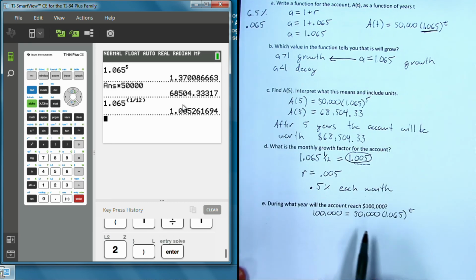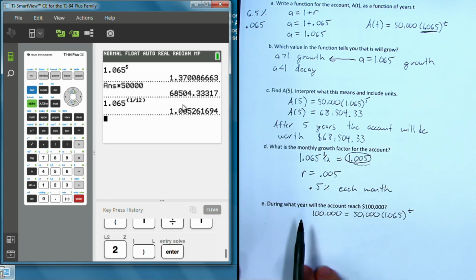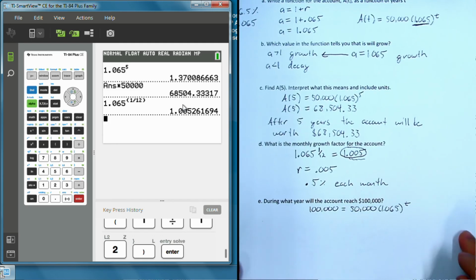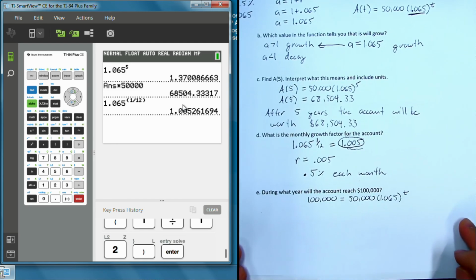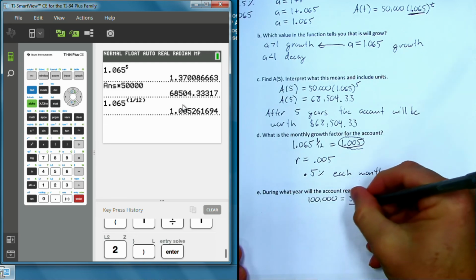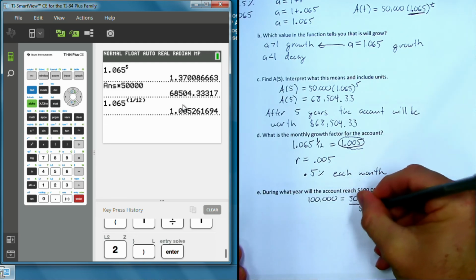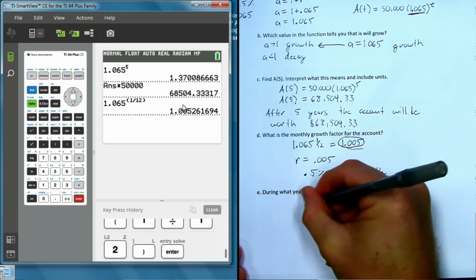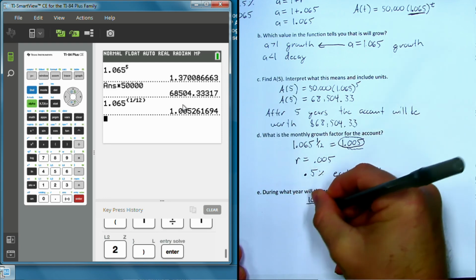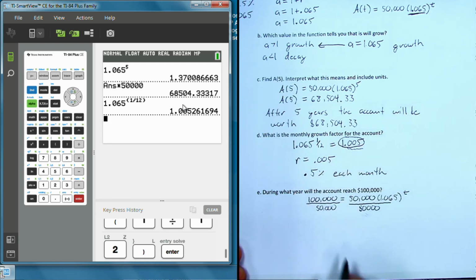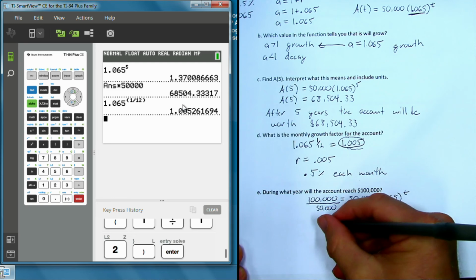And again, here you could do cross graphing, but to me the easier thing to do so that you don't have to actually create the graph is to use logarithms. So we're going to start by dividing by 50,000. Which here works out nicely. If it doesn't, that's okay. You can just leave the fraction. But here it works out nicely to be 2.